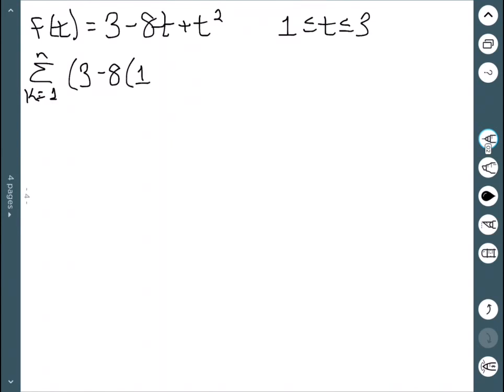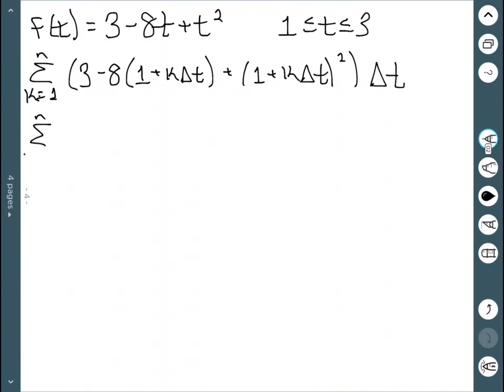So we're going to start with our starting point plus k delta t, and then we would have 3 minus 8 times (1 plus k delta t) plus (1 plus k delta t) squared, all times delta t. This comes from 1 being our starting point from our interval. The k delta t: delta t is the width, and the k tells us which of these intervals we're on.